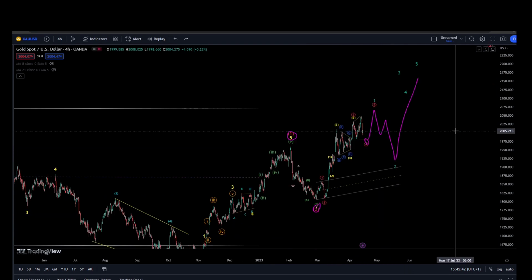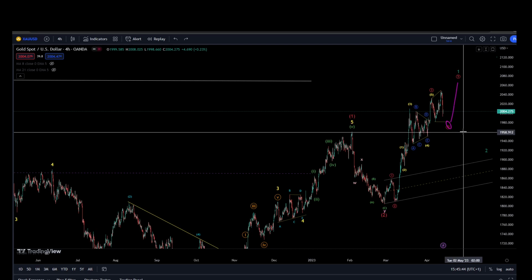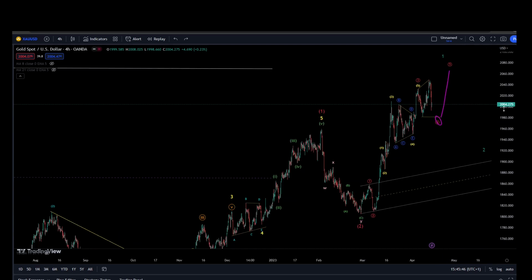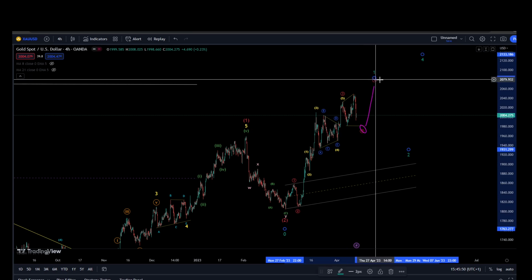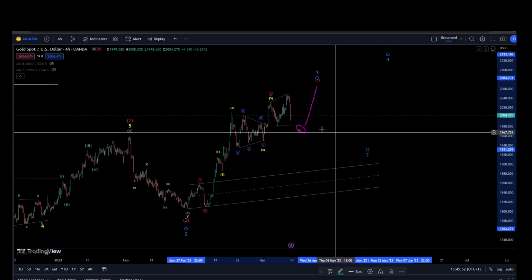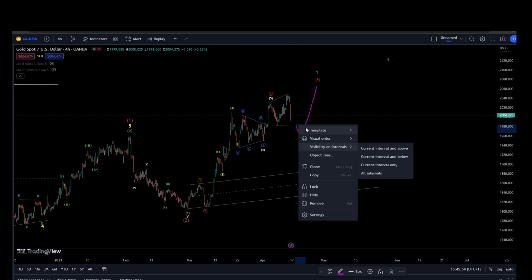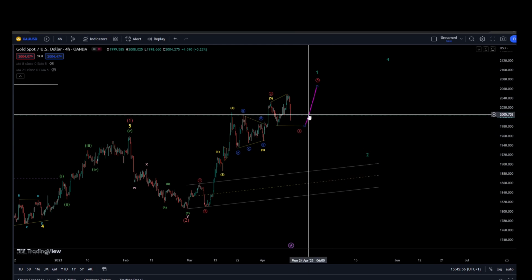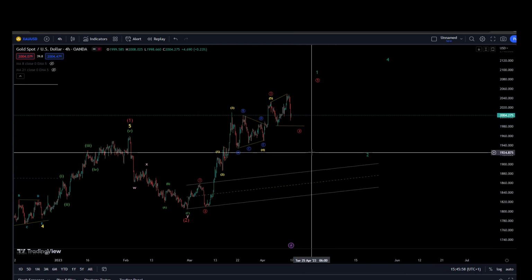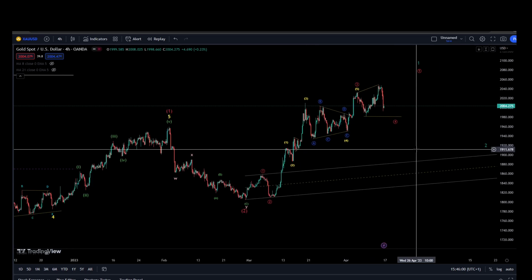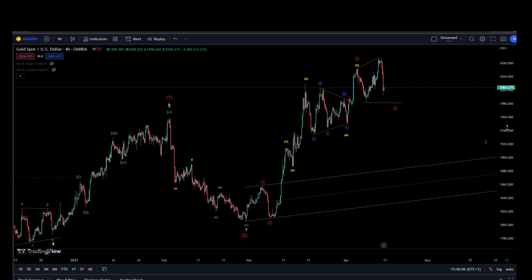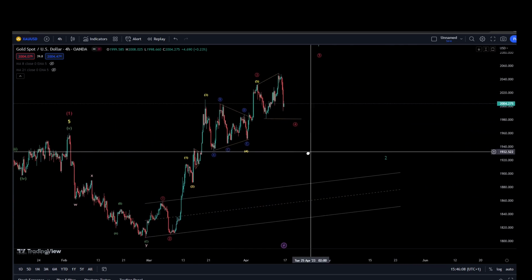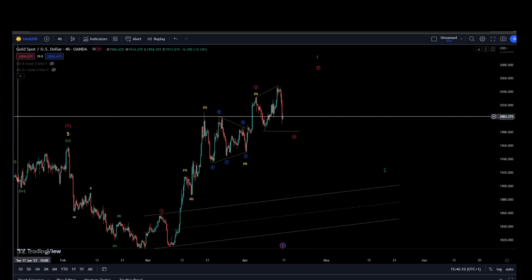Just bear with me. It will make sense, but that's just how Elliott Wave is. It is a bit complex for those who don't understand and for those who are new to this. But so far, I think Elliott Wave theory brings a huge amount of other possibilities, and in terms of this market, I wouldn't even look to sell it, especially with how the fundamental drivers are driving this market.